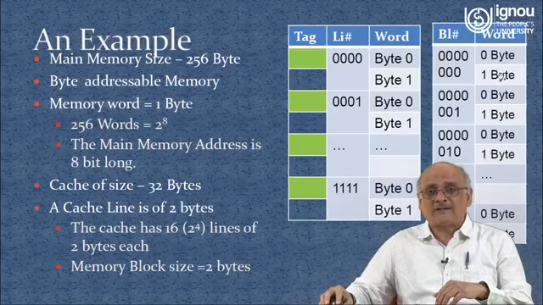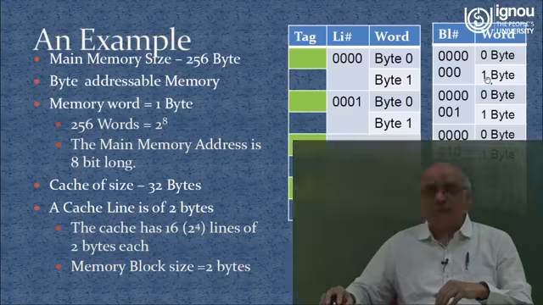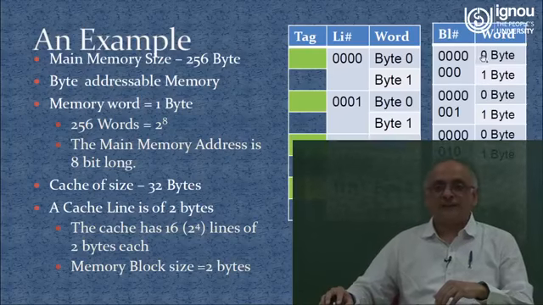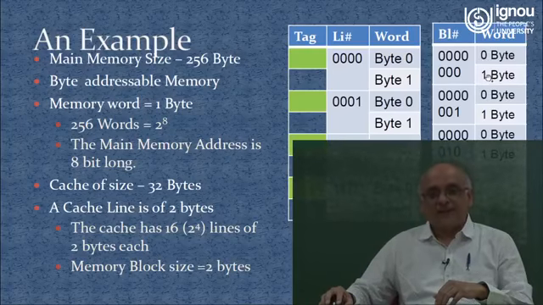A memory block consists of 2 words, and since in our case a word is a byte, it is basically byte 0 and byte 1. This represents the memory word in this particular sense.